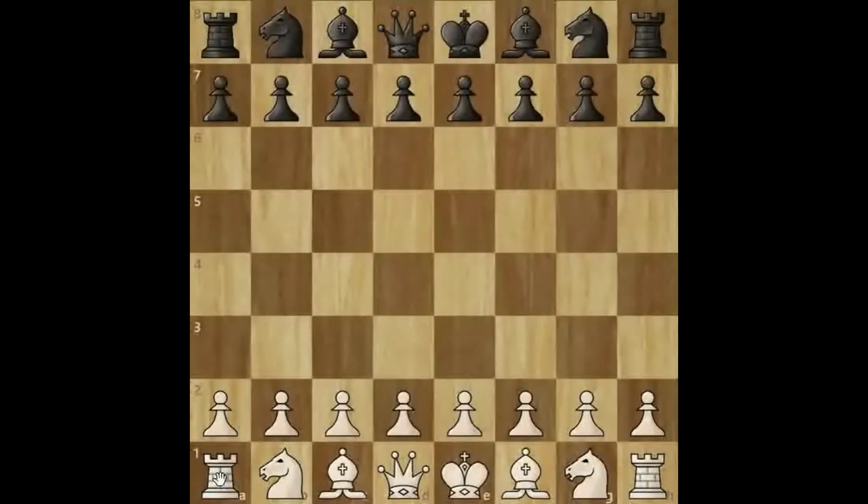Whenever you're calling out a notation, it always has to start with the letter and then the number. If I say this square, well, the letter for that square is D, and the number is 4. If I do this square, the letter is E, and the number is 5.